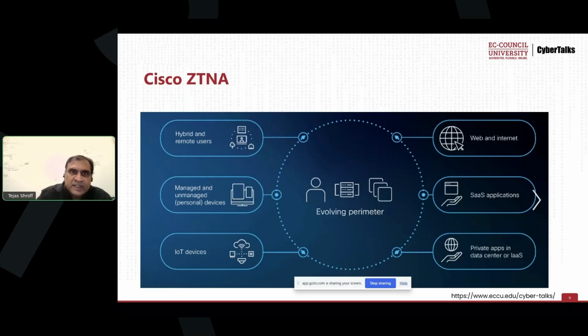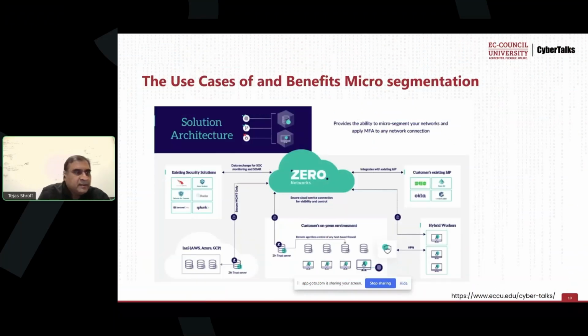These are some of the use cases and benefits of microsegmentation, right? By doing microsegmentation, you are segmenting your networks, you're slicing it, you're applying MFA. If you look at this, there are zero trust servers.